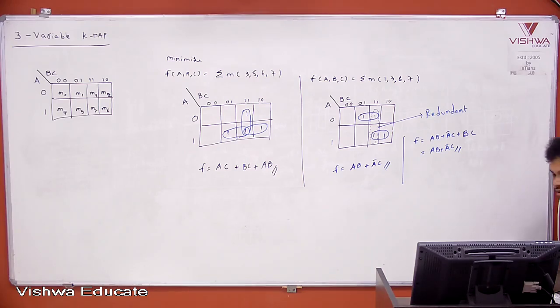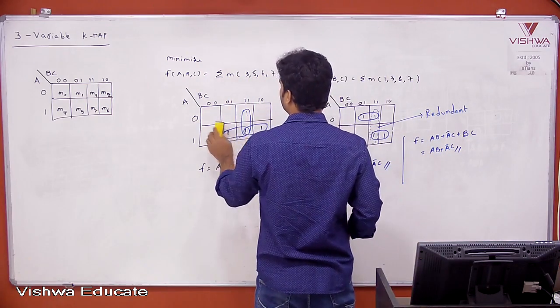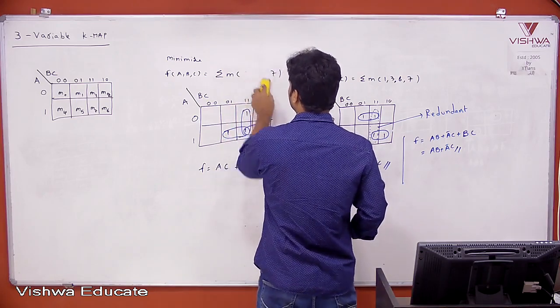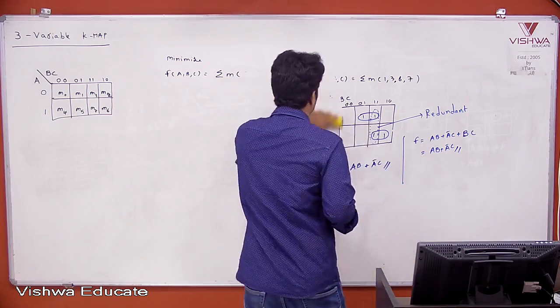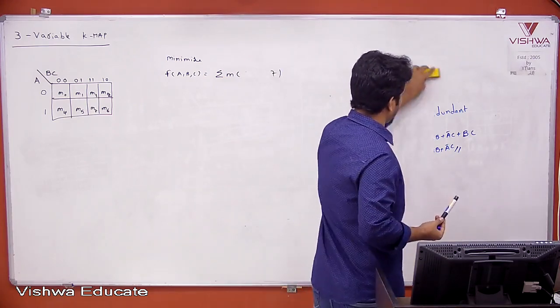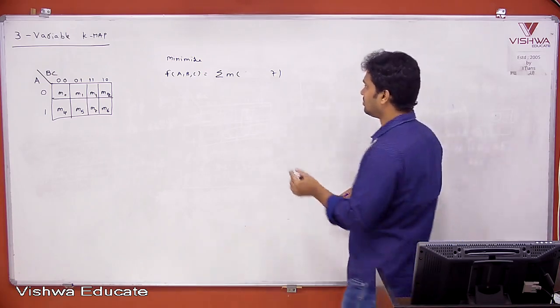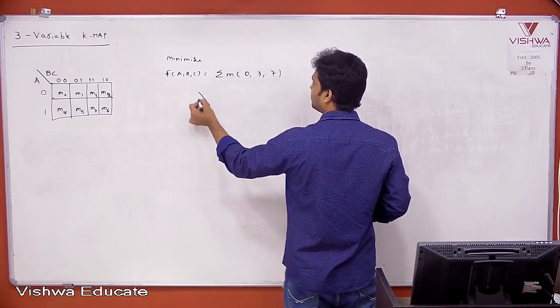Right. Let us take the next one. Sum of the minterms 0, 3, 7.